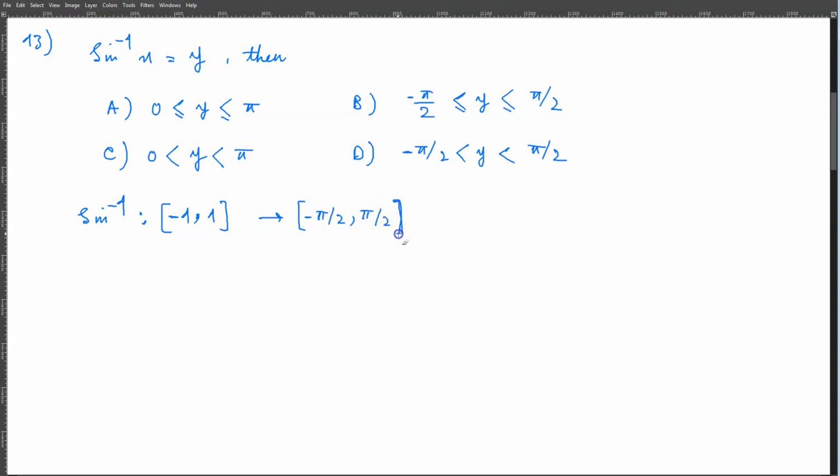Right? So if I take this function, that means that y belongs to this set. If I say that the sine inverse of x is equal to y, that means that y belongs to the interval negative pi by 2, pi by 2.